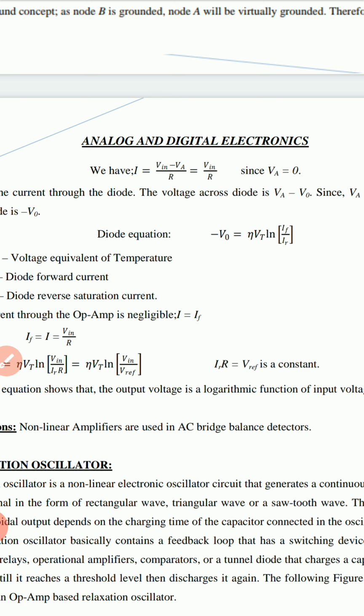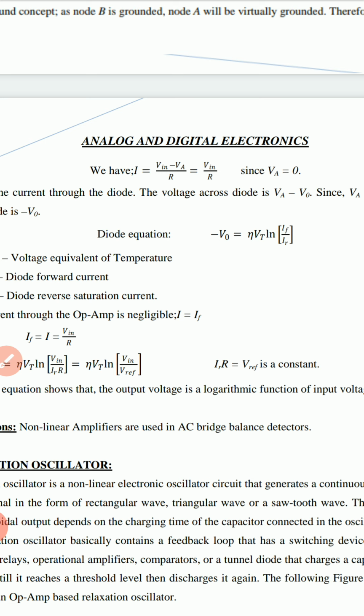So again, repeating once, just remember these points about the non-linear amplifier. A non-linear amplifier is a circuit in which the output is not linearly varied with the input signal. It means that whatever small change we make at the input side, whether it is a large differential voltage or a small differential voltage, the output is not linearly varied in accordance with the input signal.